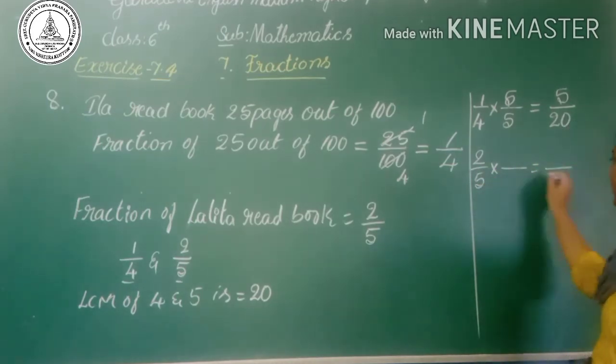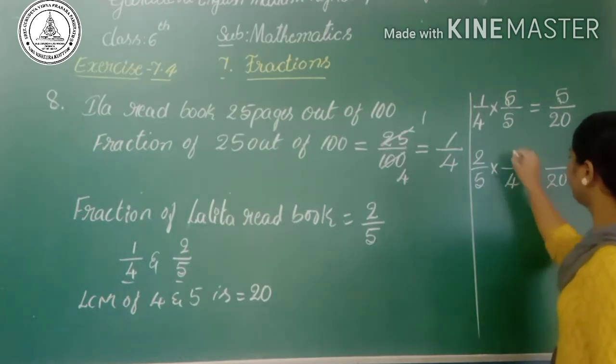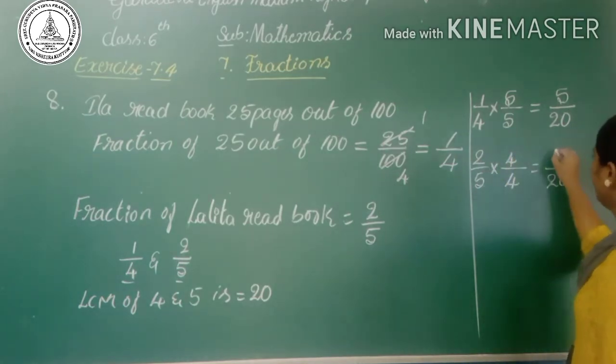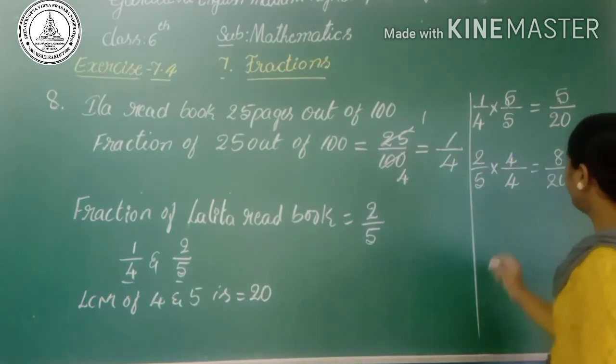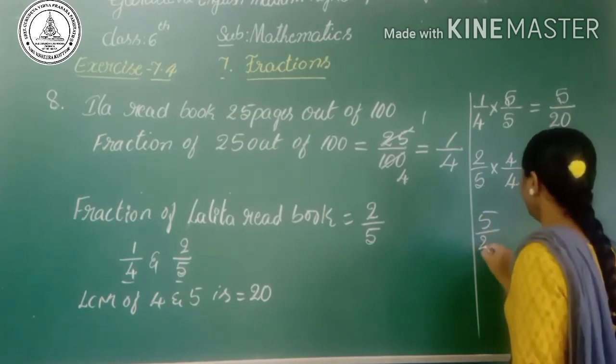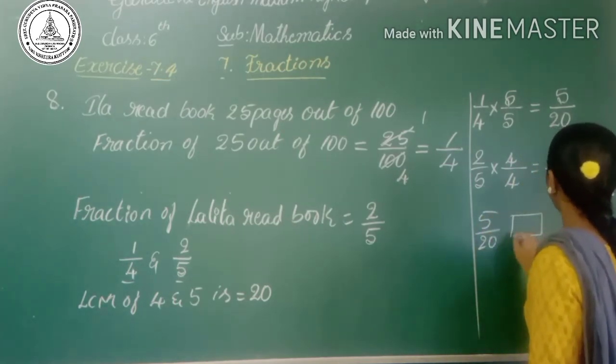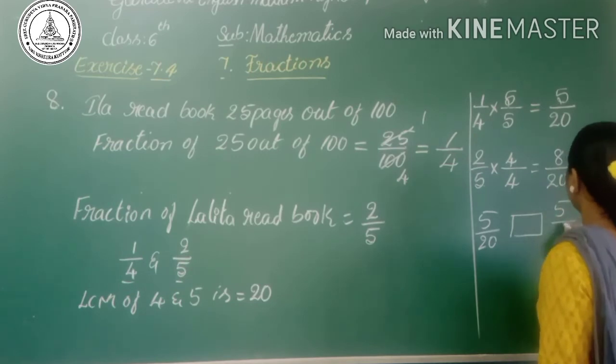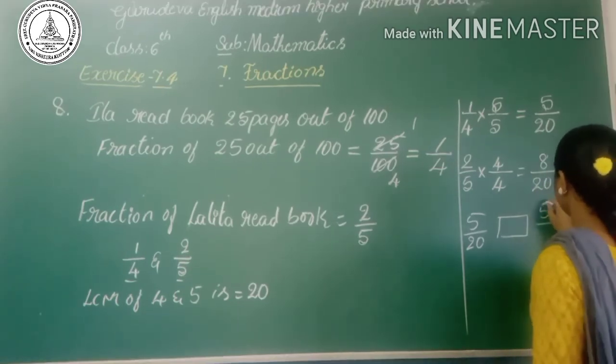Make the denominator into 20. 5 how much are 20? 5 4s are 20. Then 2 4s are 8. Now you can compare here 5 by 20 and 8 by 20.